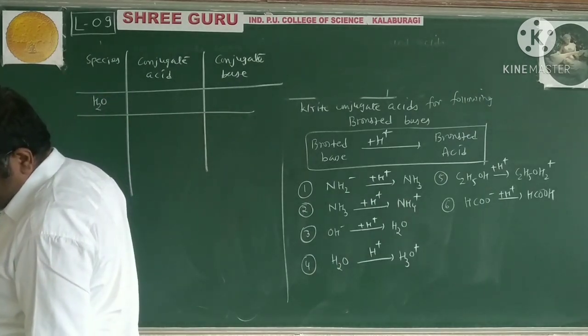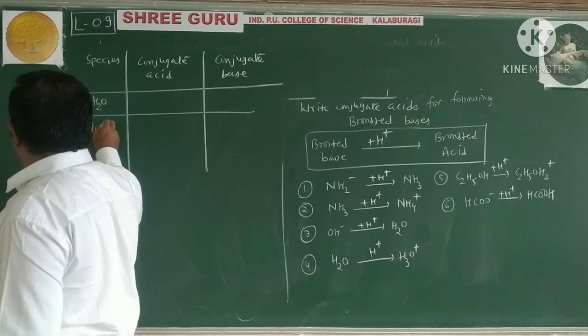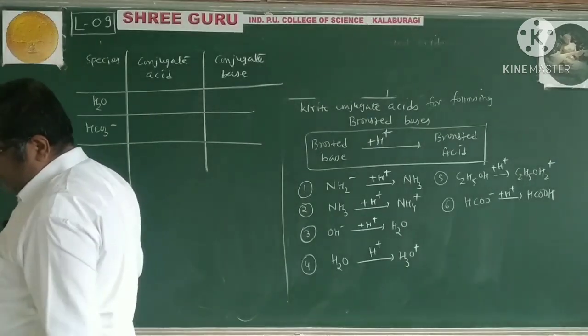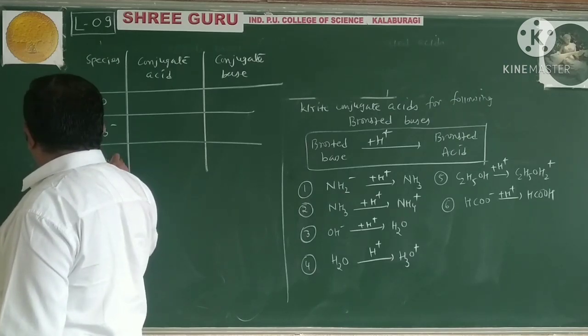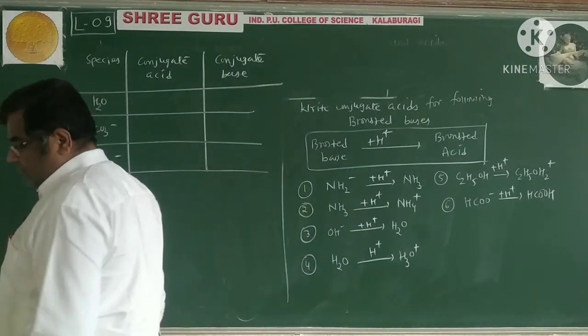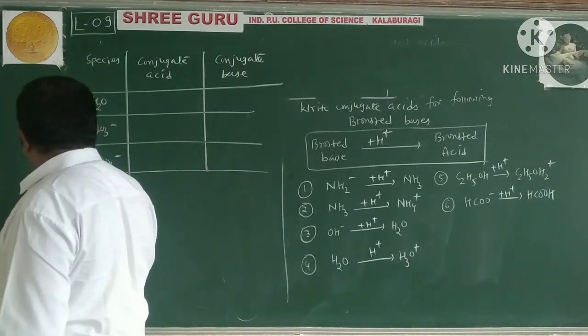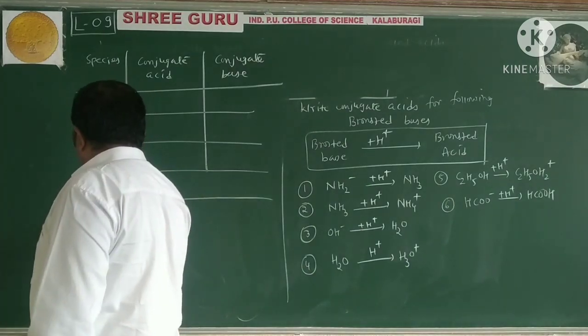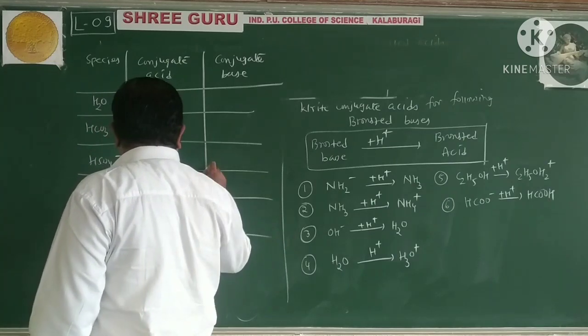Next is HCO3 negative, HSO4 negative, NH3, HS negative.